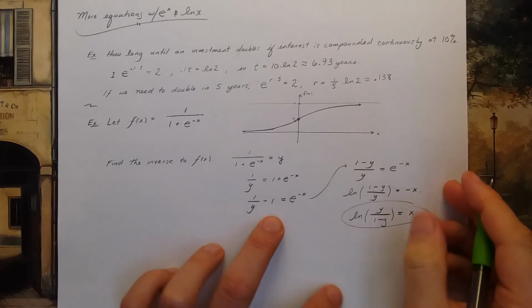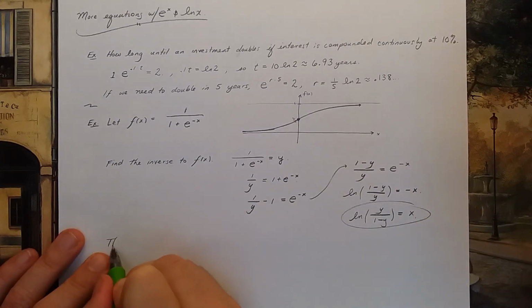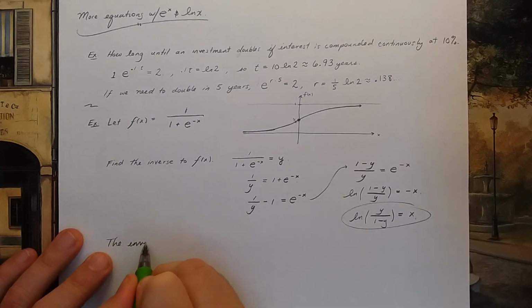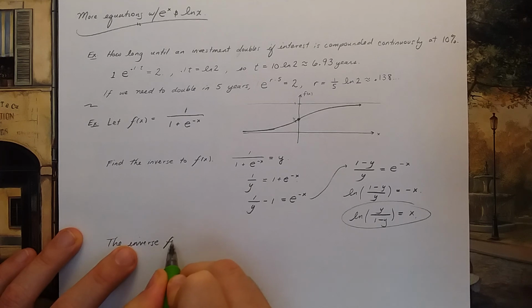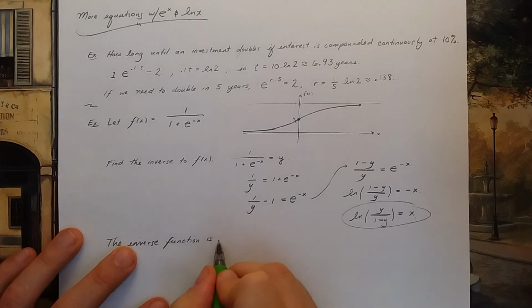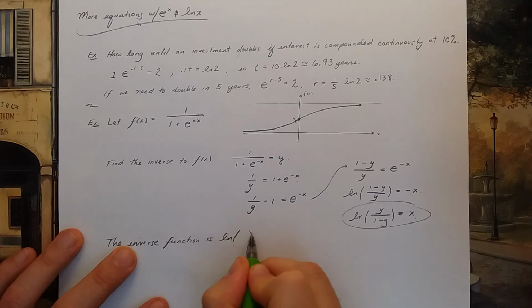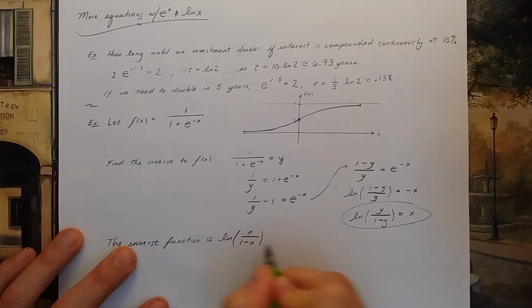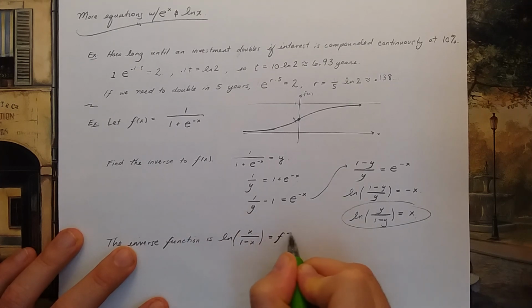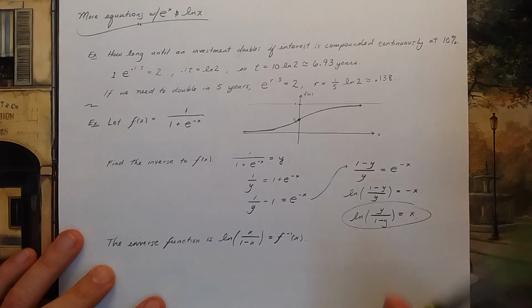So there is my inverse function. The inverse function is log of x over 1 minus x. So we denote that with f with a minus 1 exponent here, which again does not mean 1 over f. Okay, excellent.